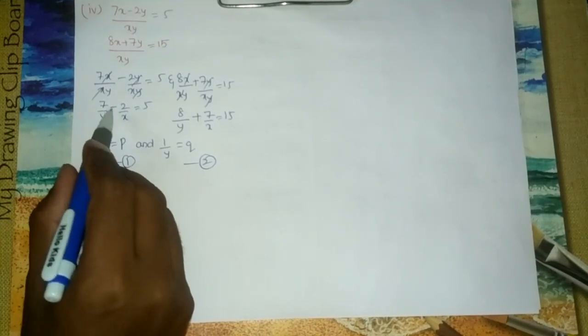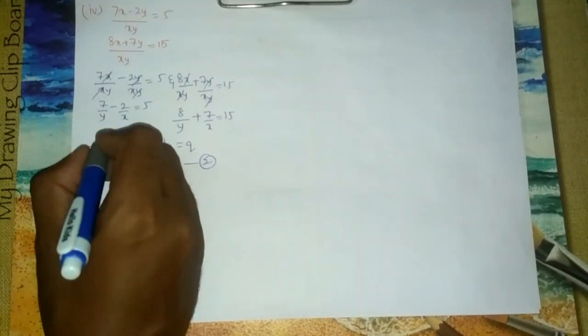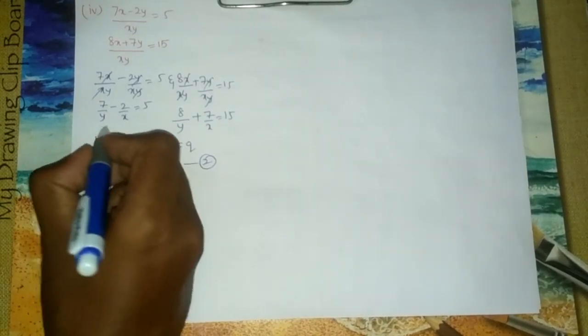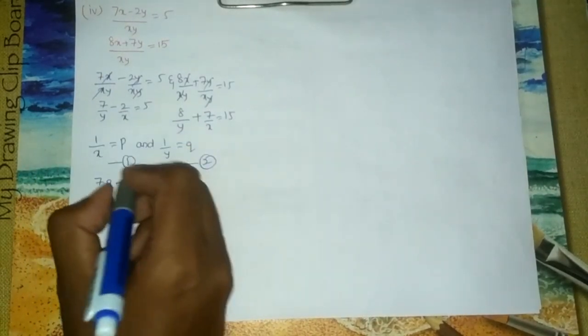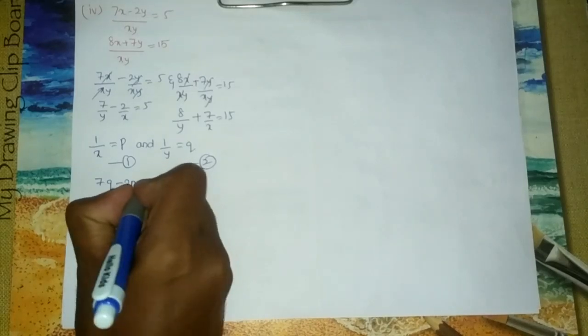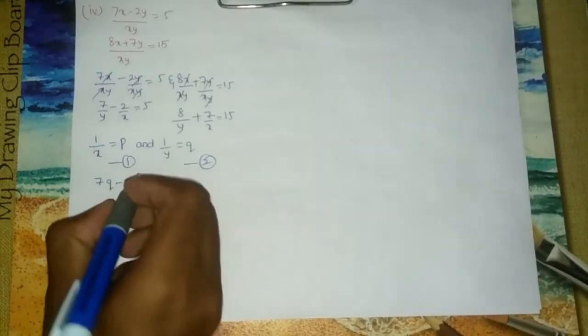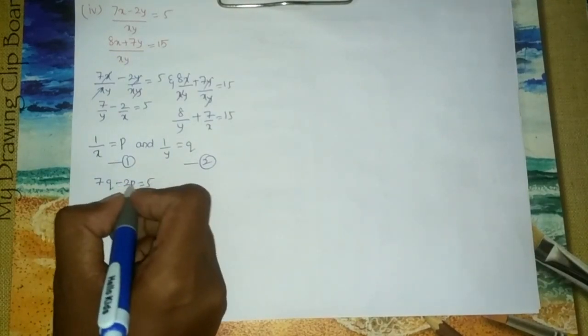So this above equation, it will be 1 by y, we have q, so 7q minus 1 by x is p, so this is 2p equals 5. Let us write down properly. So let me change the sign.